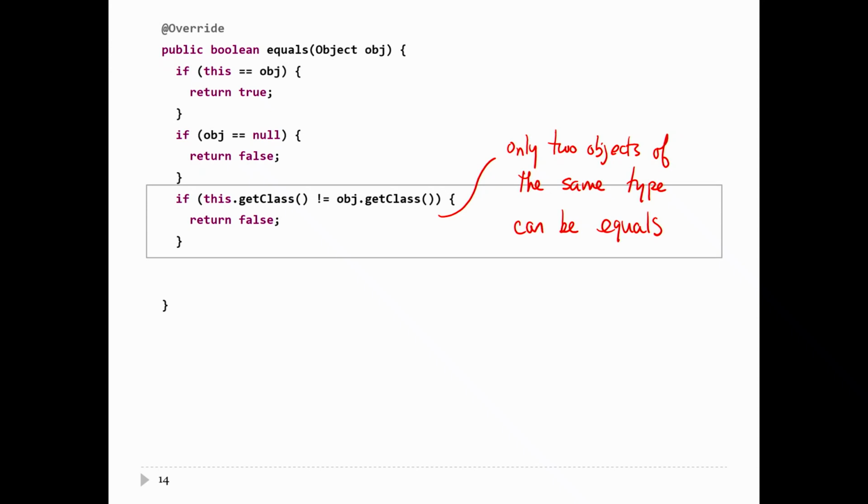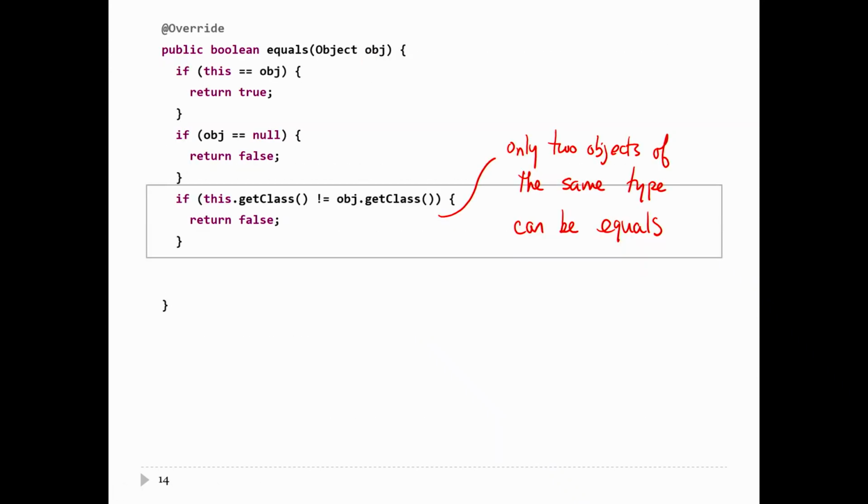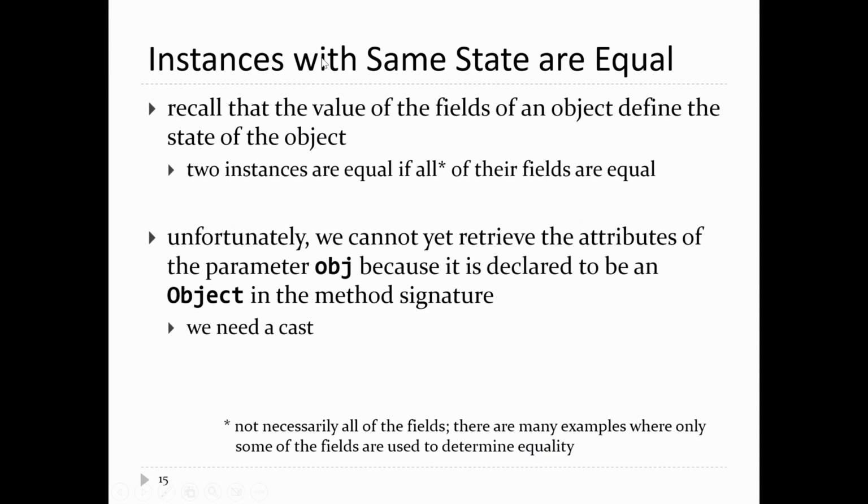It means the only thing I can do with obj is call methods that belong to Object, because that's what the method says its type is. Once I get past the if statement, I know that obj is a Point2 object, and so I also know that obj has an x and a y coordinate, but I have to convince the compiler that this is true. As far as the compiler is concerned, obj is an Object. So here, you need a cast.